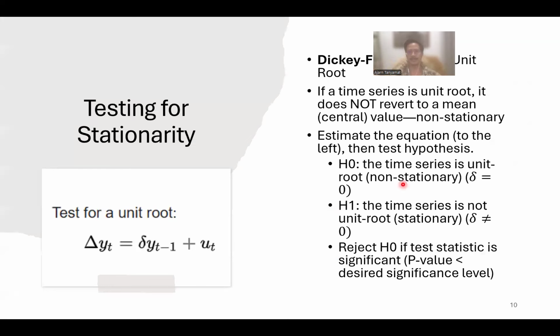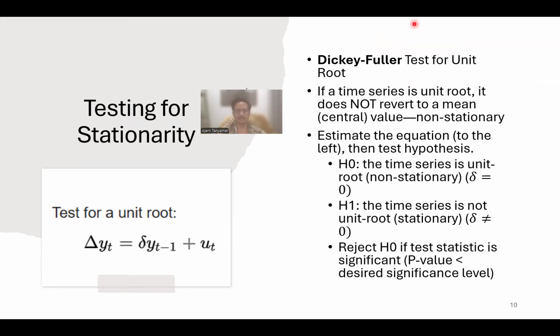Now, what we can do is test for it statistically. In particular, we test for a situation called unit root. Okay, we use the Dickey-Fuller unit root test. I'll talk about what unit root means later on. But for now, it's enough to just know that we test for it statistically, right? Based on this test, if the time series has a unit root, it does not revert to a mean.